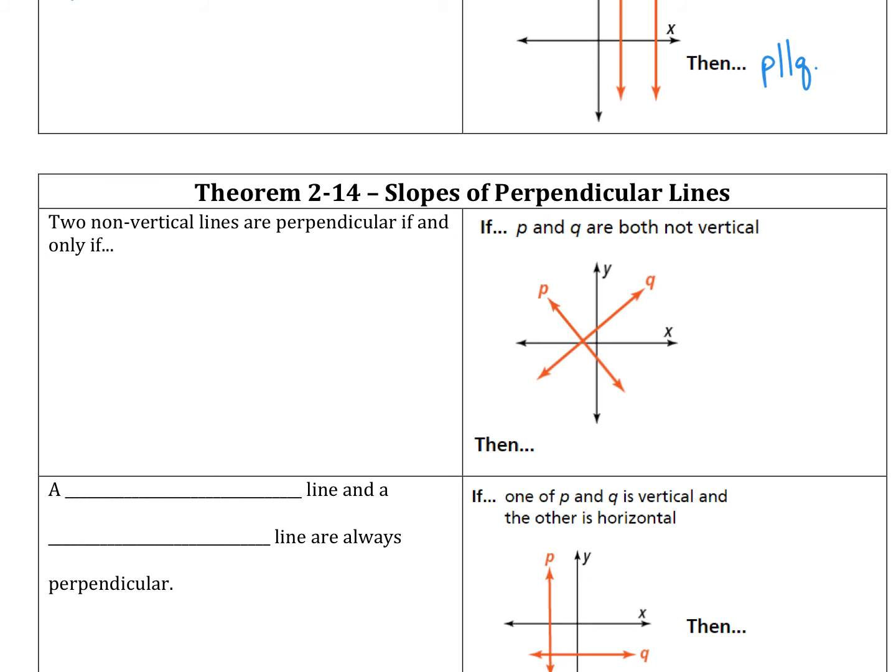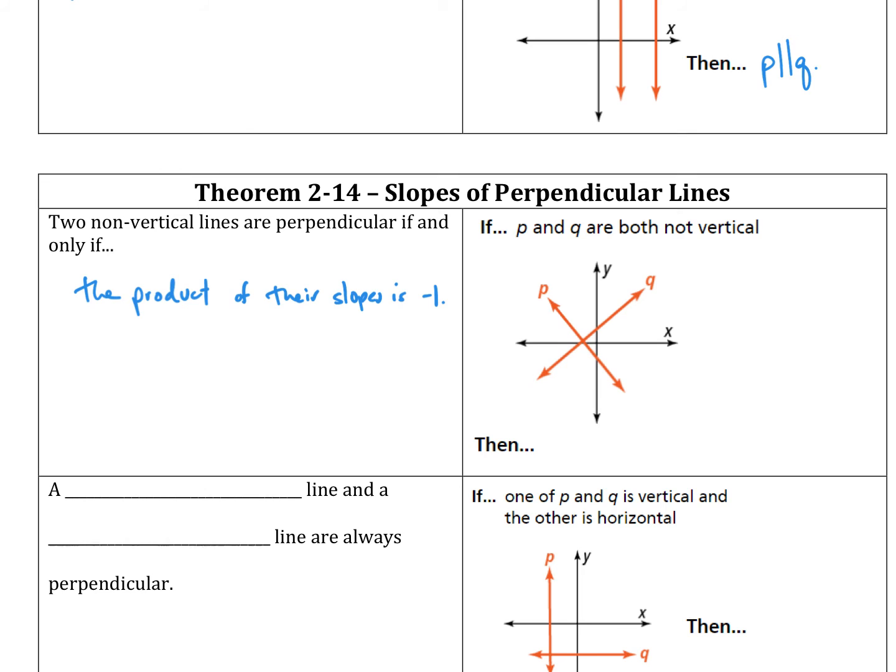And what we say is that two non-vertical lines are perpendicular if and only if the product of their slopes is -1. Now, product means that we're going to multiply their slopes together. So if we take two lines, multiply their slopes together, and get -1 as the result, it tells us that those lines are perpendicular.